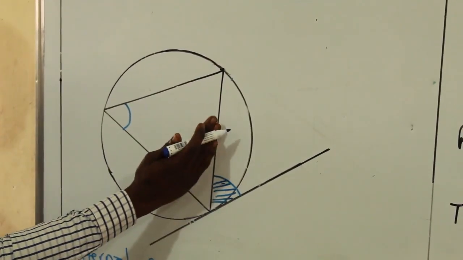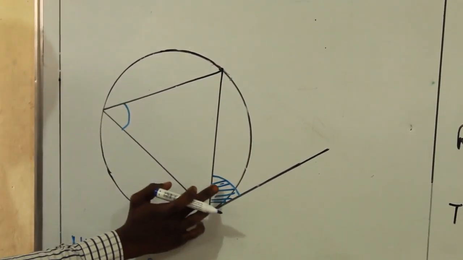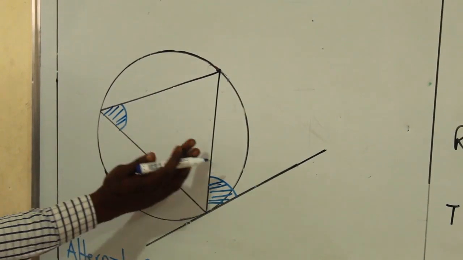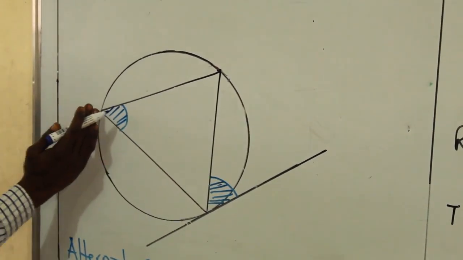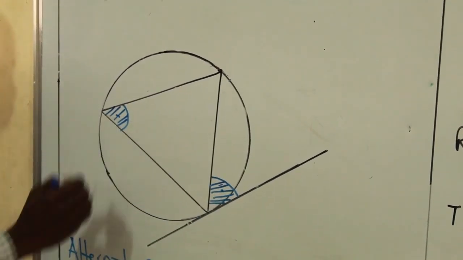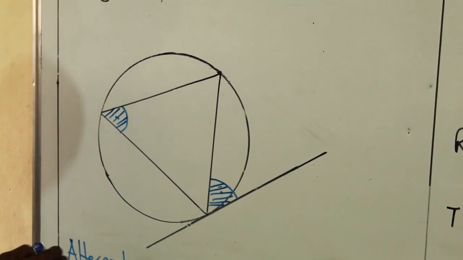This angle is formed at the minor segment of this chord. This angle is equal to the angle formed on the major segment of the chord facing the chord. So this angle and this angle are said to be in alternate segments and they are equal.